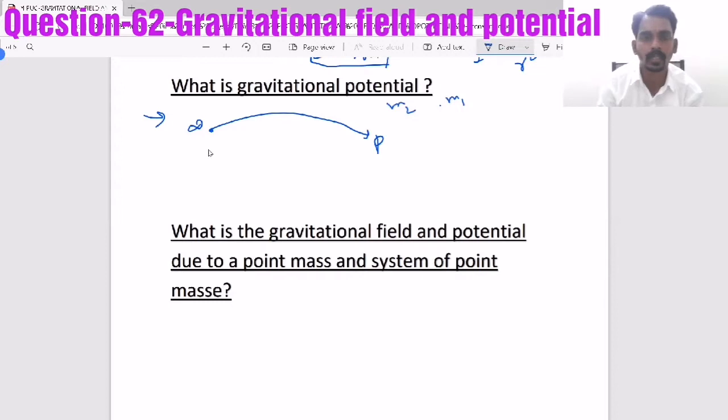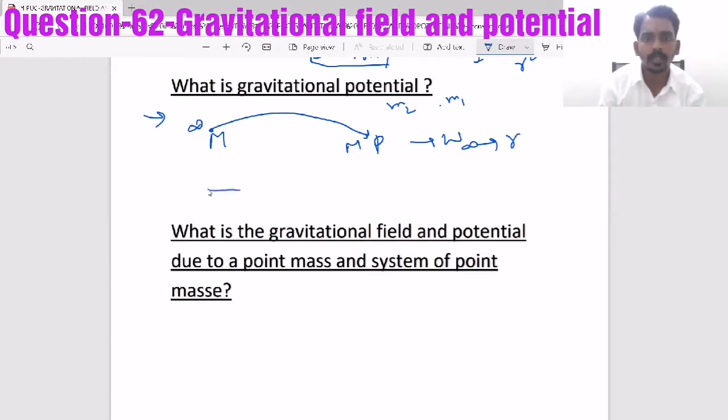We don't know how many there are, but let it be one or two or more. When you move a body from infinity to a particular point, you have to do some work. So the work done in bringing it from infinity to the given point at a distance r.